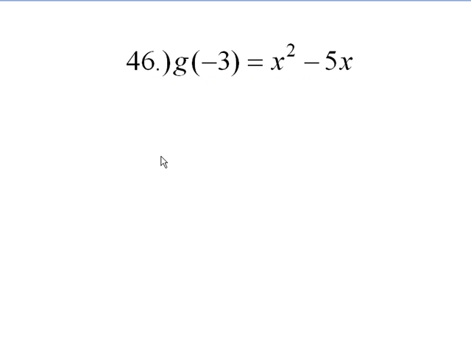Okay, now we've got g of x equals x squared minus 5x. It's the same thing. You'd put in negative 3 squared minus 5 times negative 3.